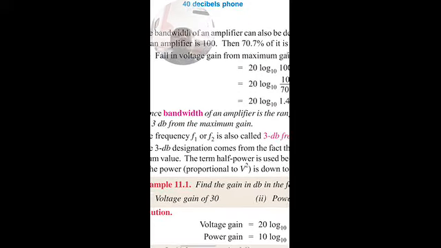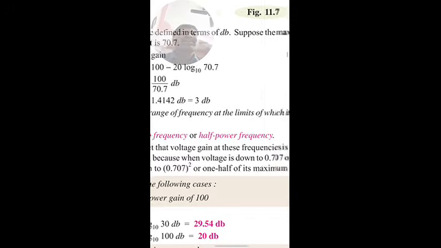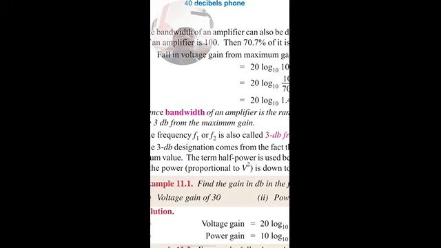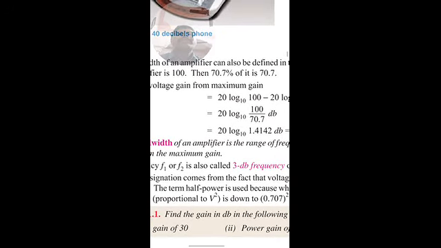The frequencies f1 and f2, also called 3 dB frequencies, are half power frequencies. In the range from 70.7 to the maximum, the difference is only 3 dB.